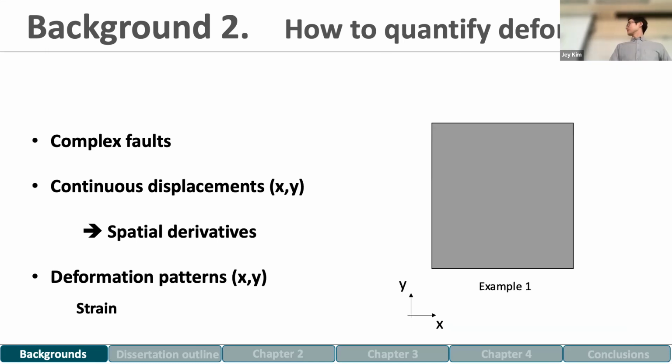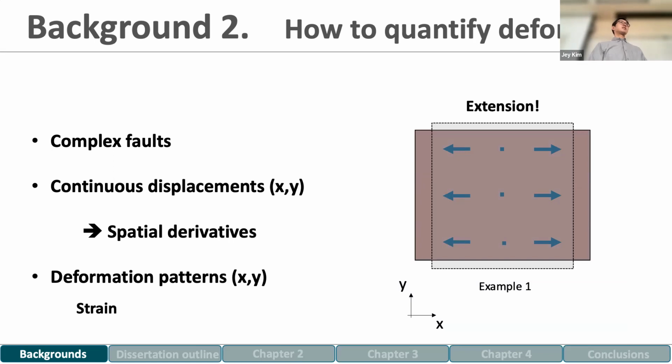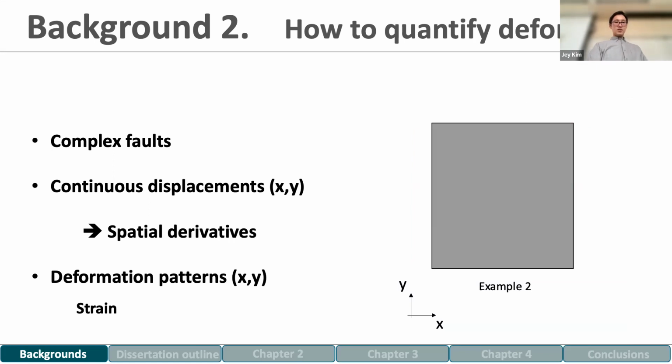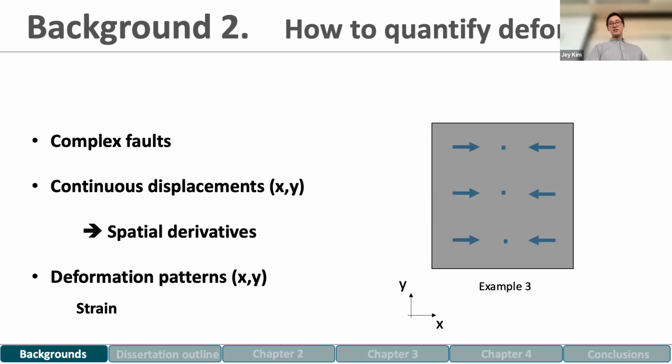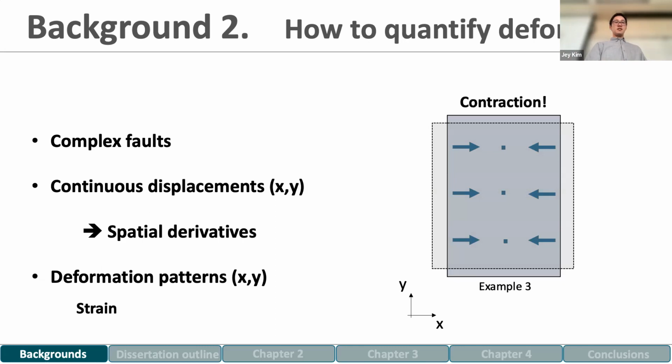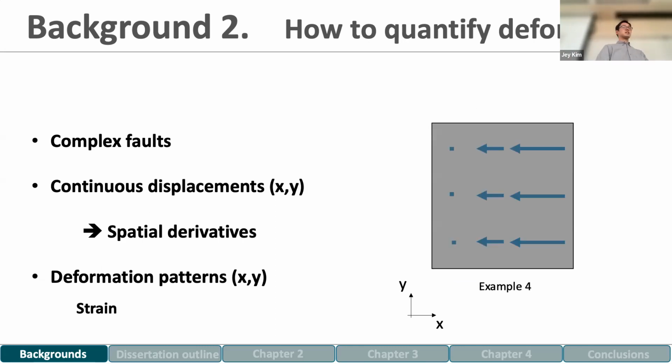Let's think about a very simple example. You have an elastic material, and you have displacements. From these displacements, if you take spatial derivatives, you can tell it's extensional. You have another set of displacements, but the spatial derivatives are the same, therefore you have the same extension. Now you're squeezing this material, therefore it's contraction, and you have a different set of displacements: you're fixing one side, then squeezing the other side against the fixed side.